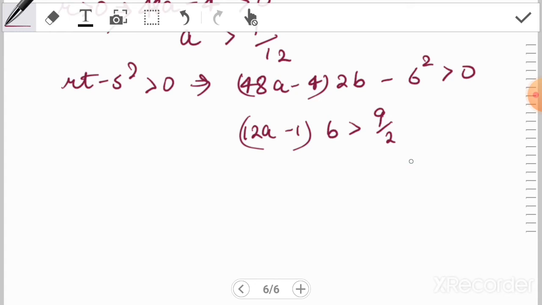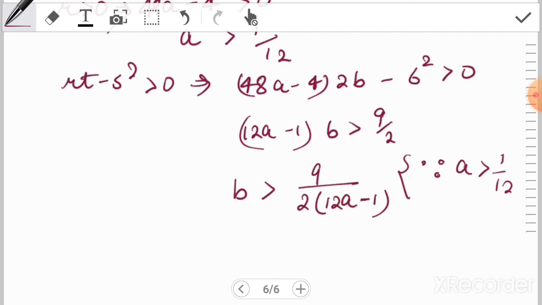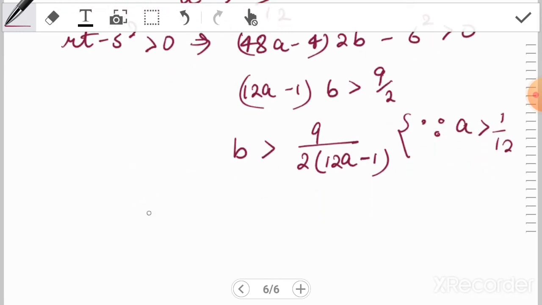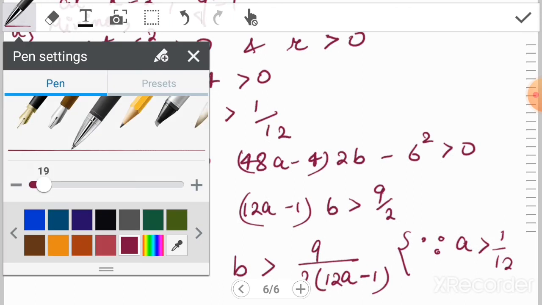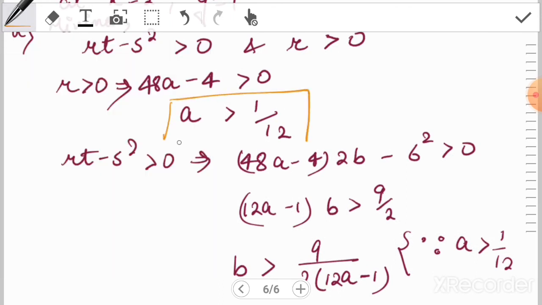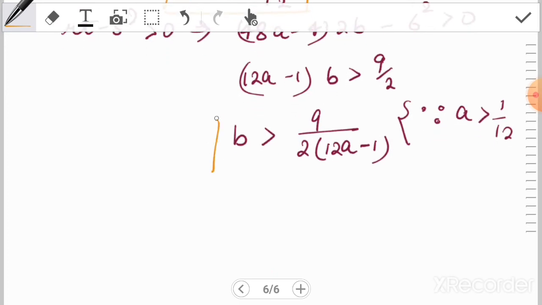Since a is greater than 1 by 12, we have the condition a is greater than 1 by 12 and b is greater than 9 by 2(12a minus 1), right? So the next case is point of inflection.